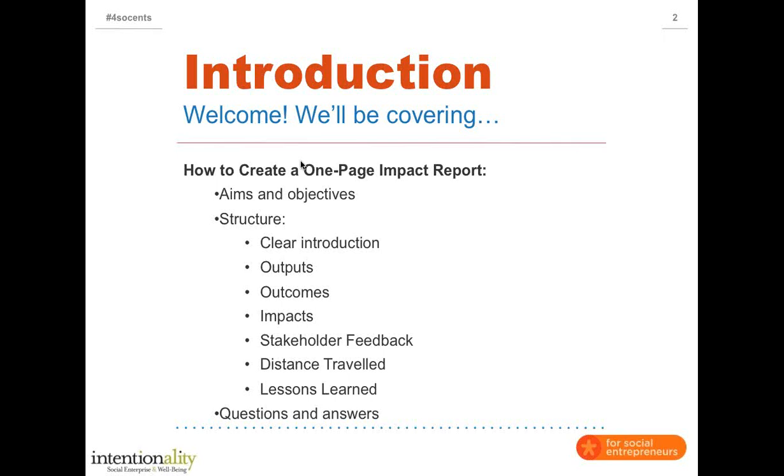As Marika said, most of you should have received a template, a Word template of a one-page impact report, as well as some examples, some anonymized and one very real one, which is in fact an UnLtd award winner called Rubies in the Rubble.